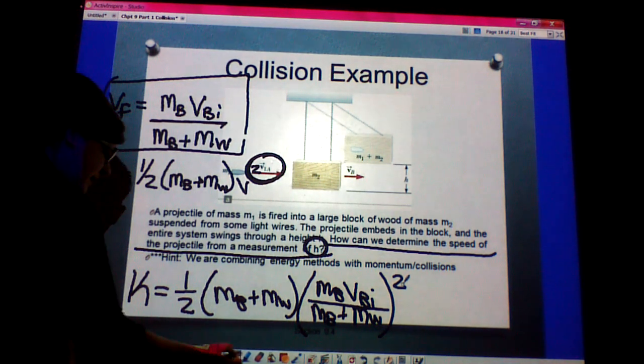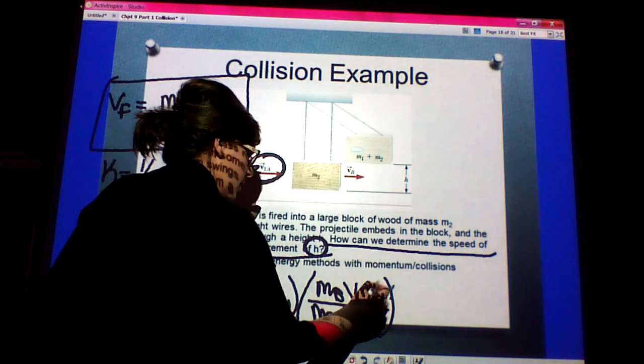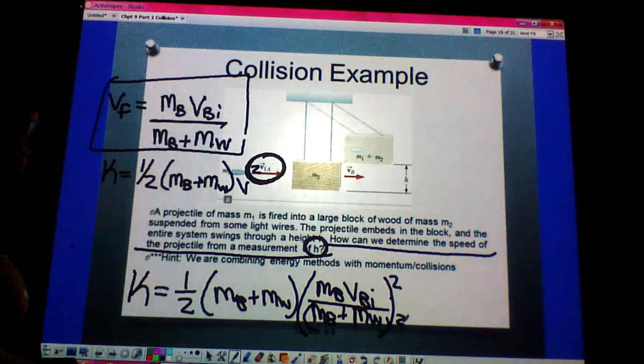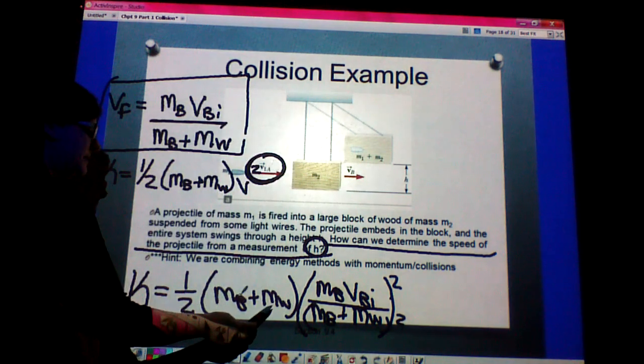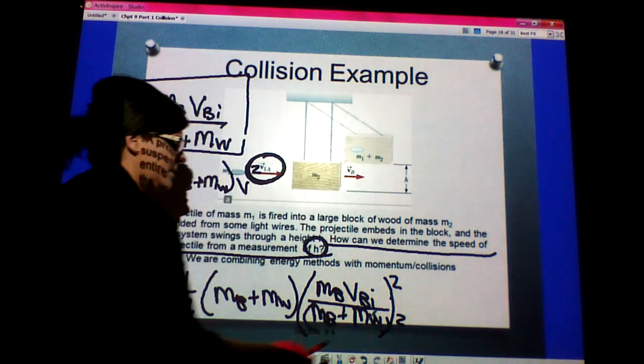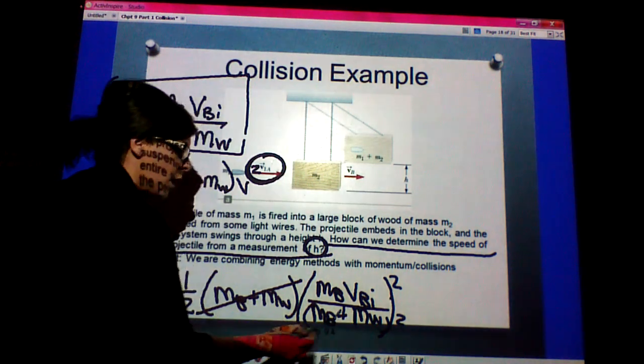Ultimately, I know this is squared, so I have the mass of the bullet plus the mass of the wood, and then the mass of the bullet plus the mass of the wood squared. So this one can cancel. I'd be left with just one of these on the bottom.